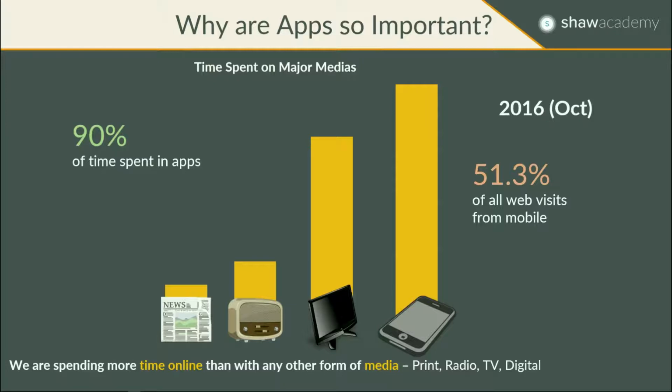Now, for this instance, we are discounting the browser as an app. It is a browser in this case. So 90% of time is spent in apps, yet somehow in that 10% of time that is left, 51.3% of all web visits came from that. I think that is an absolutely crazy figure, and I just want to show you that to put mobile device usage into perspective. That from the 10% of time that is not spent in apps, that was spent in the browser, 51.3% of all web visits came from that.